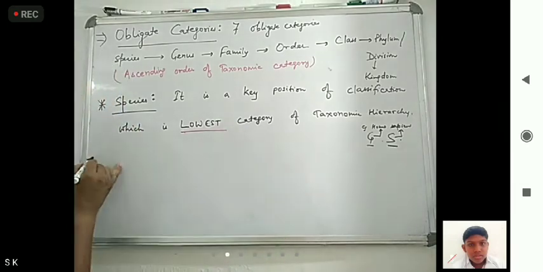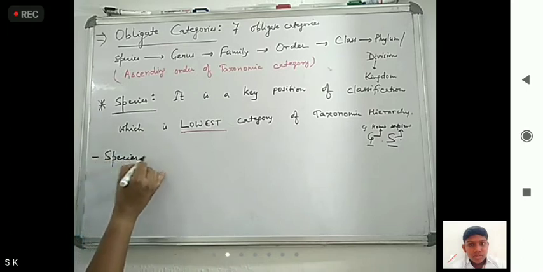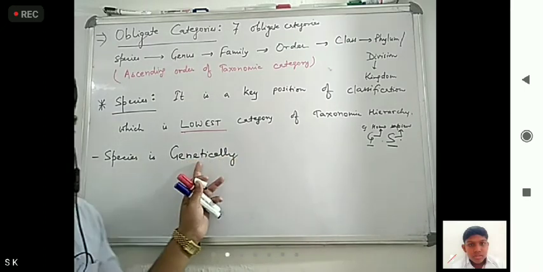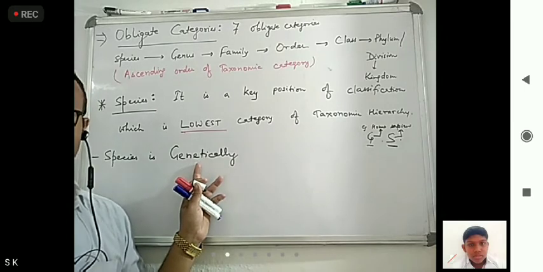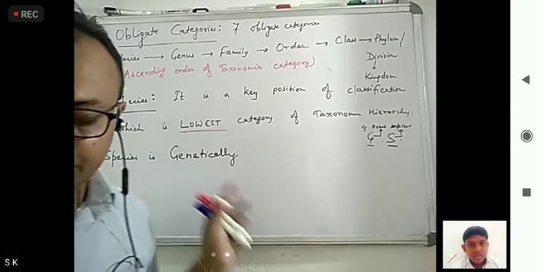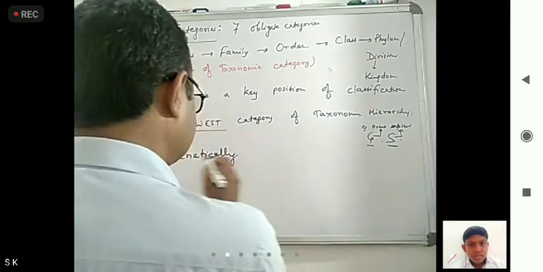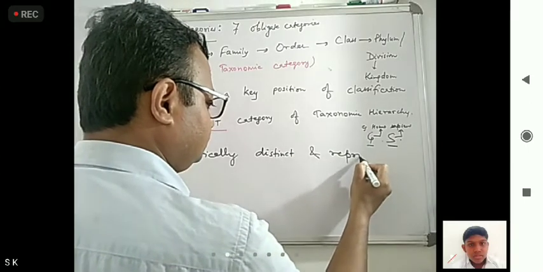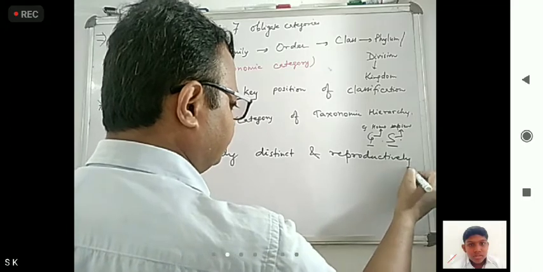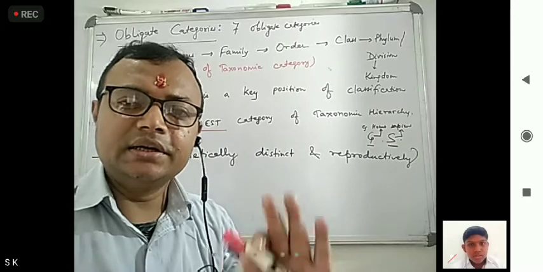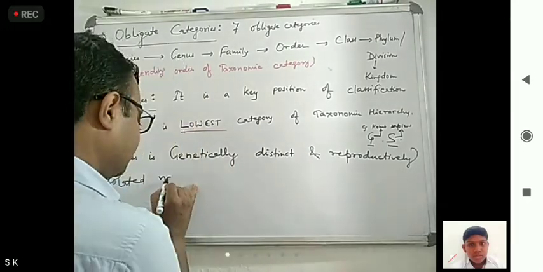Genetically means sexual reproduction has involvement. So a species is genetically distinct and reproductively isolated natural population. This is the definition.